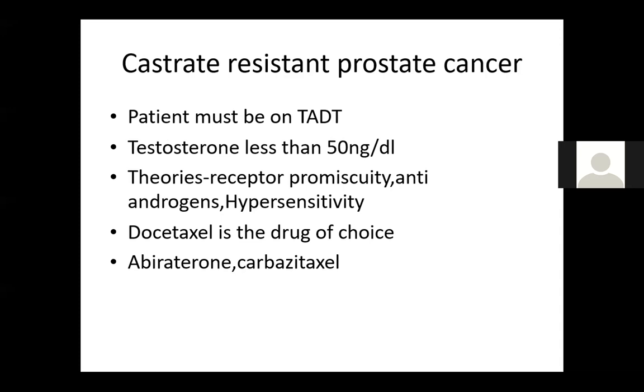And for you to talk about castrate-resistant CA prostate, it means that the patient has been on total androgen deprivation therapy. I've just talked about it in detail. We said for you to achieve total androgen deprivation therapy, the patient should have surgical or medical castration and also have an anti-androgen added. In other words, you are blocking the 95% and the 5% from the adrenals.